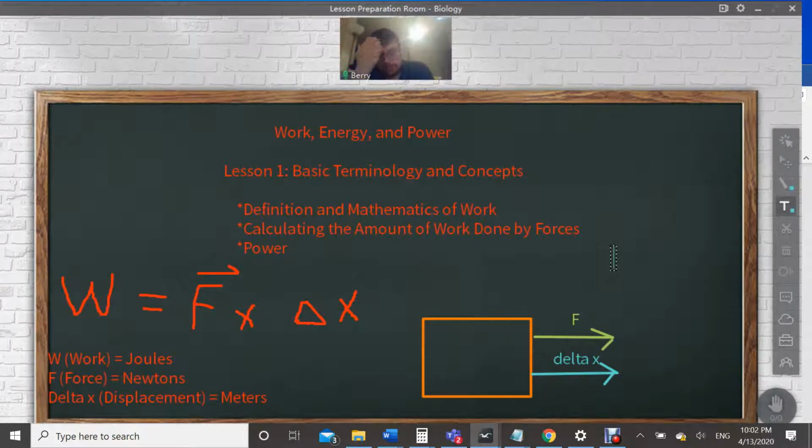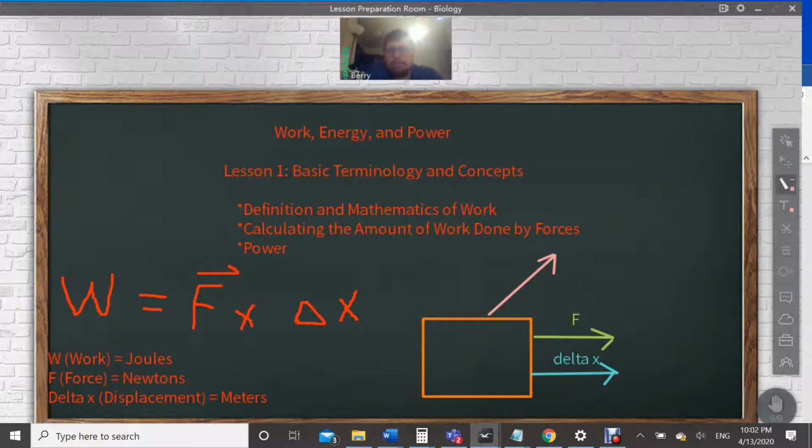So when we're considering this, if we were to have, and I'm just going to do a hypothetical, a force in this direction, we would need to break this down into components in order to know the amount of force that is in the same direction as the displacement. Well, how do we do that?